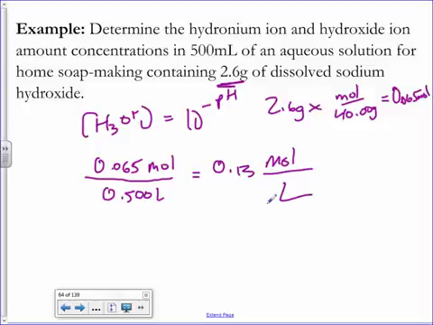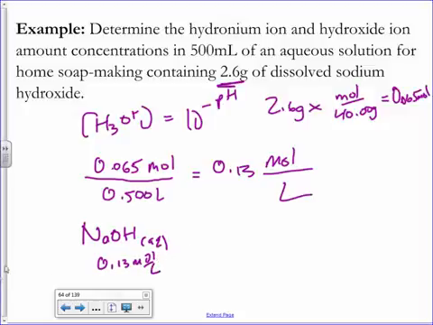Now I've done this on purpose here. Moles per liter of what? Of hydronium? Of hydroxide? Of water? Of the sodium hydroxide. Yeah, this is really important. So my sodium hydroxide concentration is 0.13 moles per liter.